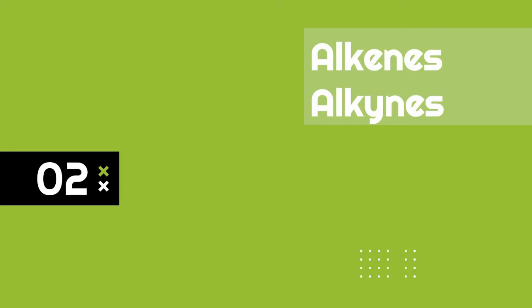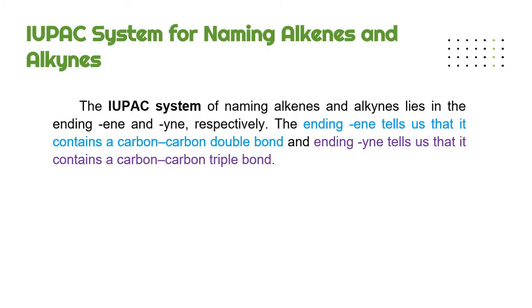Now, naming alkenes and alkynes. Finally. To name alkenes and alkynes, we follow the IUPAC system, and it lies in the ending of, very easy, -ene and -yne, respectively.